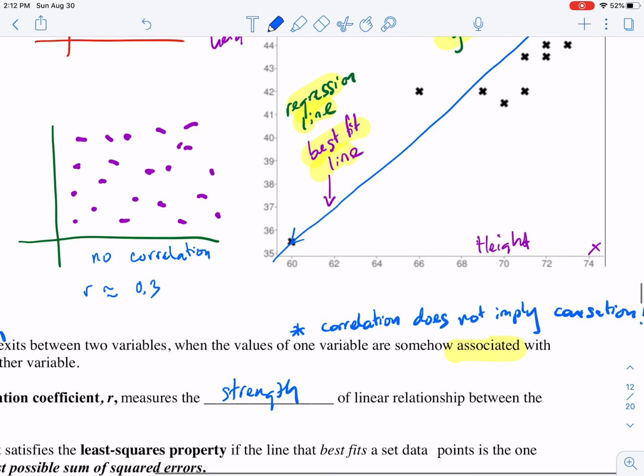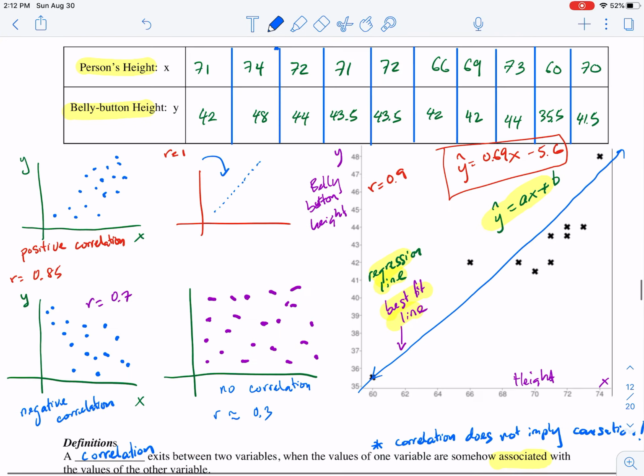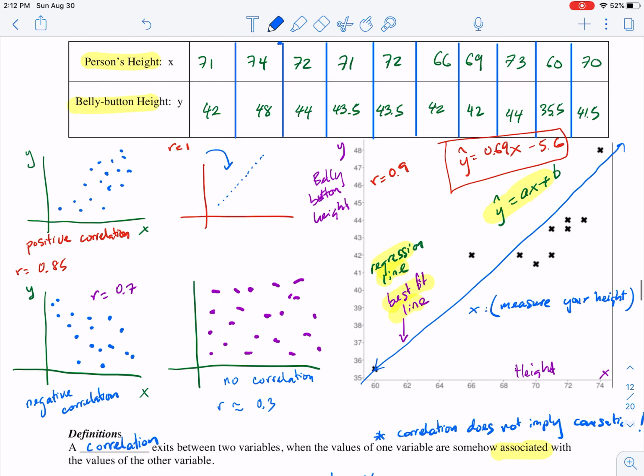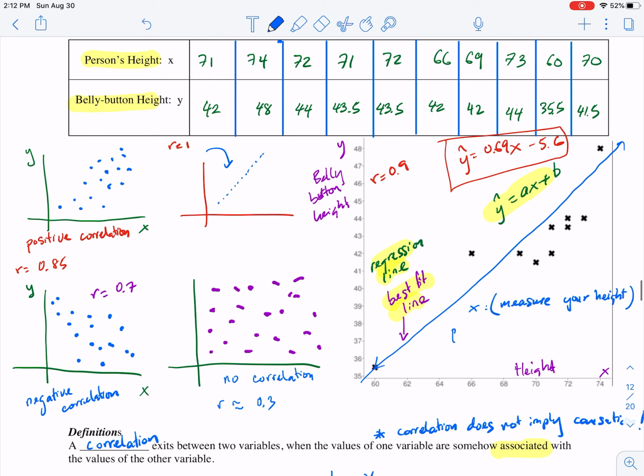First, for the x, measure your height, which is the x value, and then plug x into y hat equals 0.69x minus 5.6, and let's see if you actually get a pretty close value.